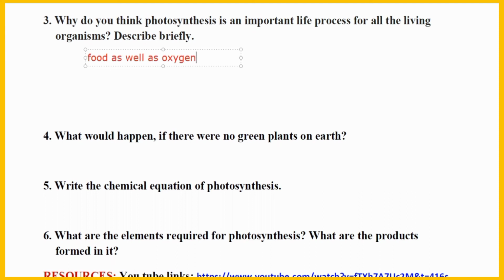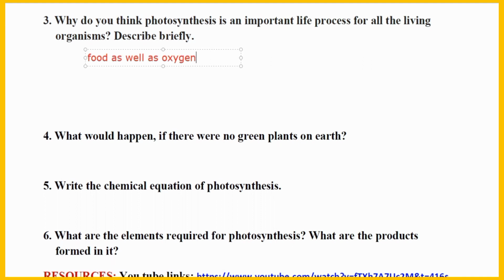Food is prepared, and in the same way oxygen is liberated into the atmosphere, making the survival of the organism possible.